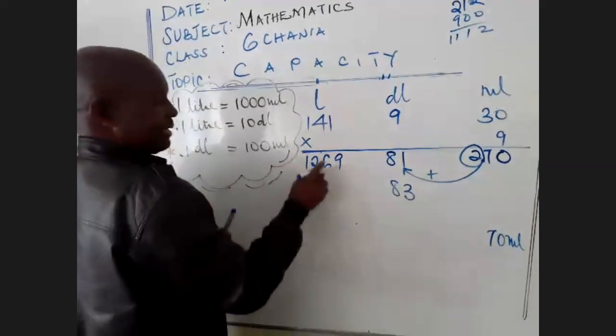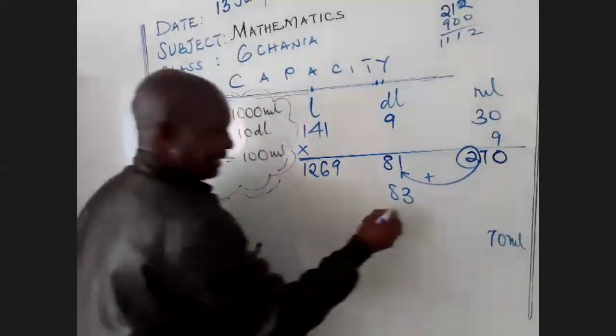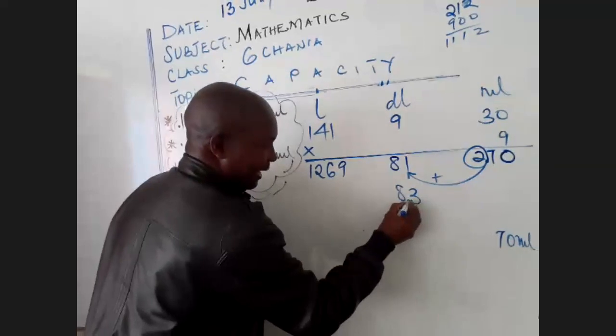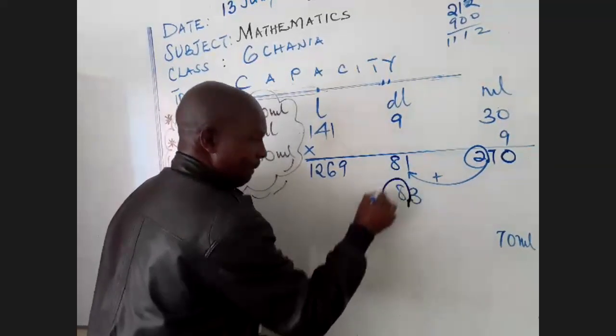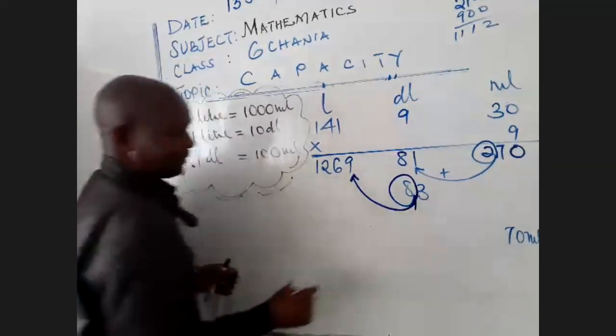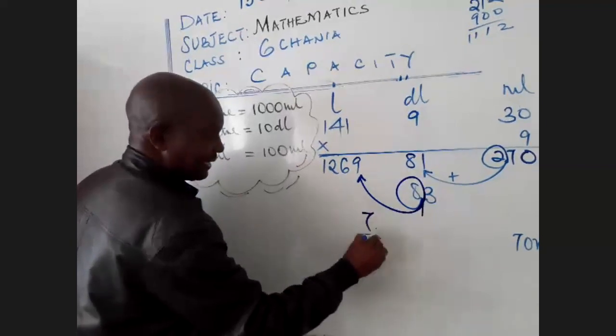Very good. Changing deciliters into liters. Divide by 10. Let's push it. 1. As if you're writing a decimal. Carry to the next one there. What's that? 9 plus 8, 17.